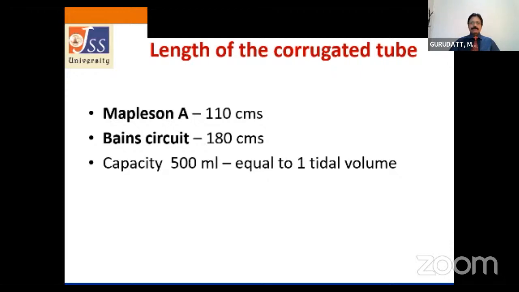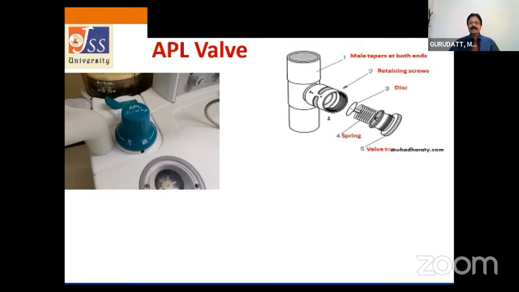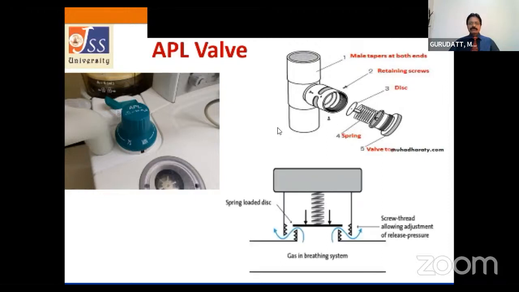Now coming to the next component, the APL valve, the adjustable pressure limiting valve. In the olden days this was called the Heidbrink valve. Usually this contains a spring-loaded disc. When you want to allow the patient to breathe spontaneously, you have to keep it completely open, and the disc closes the valve by coming down on the seat.